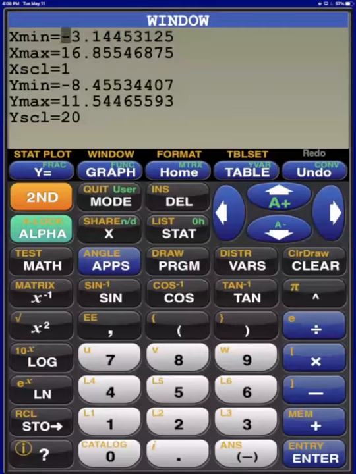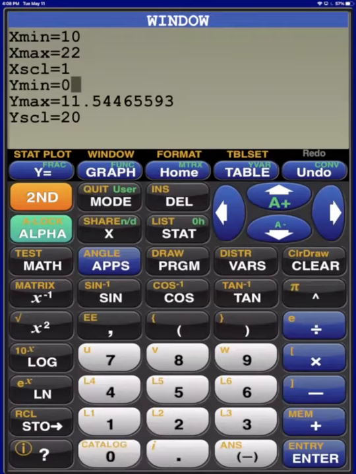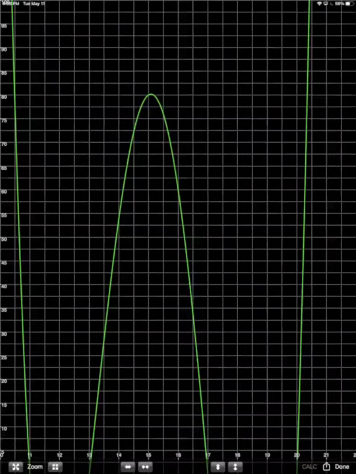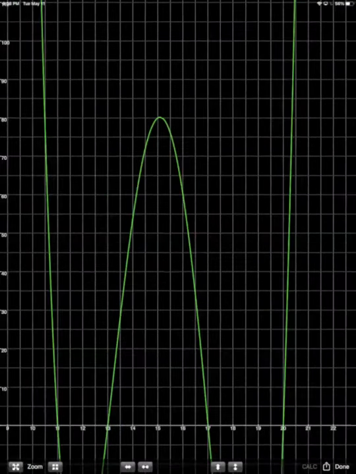Why don't we start at 10? And then the max will go up to, say, 22. Then we'll try that one. And the scale can be 1. Y min, why don't we try 0? And Y max will go to 100. And then let's graph and see. Oh, there we go. We have something here. It's going to change this a little bit.